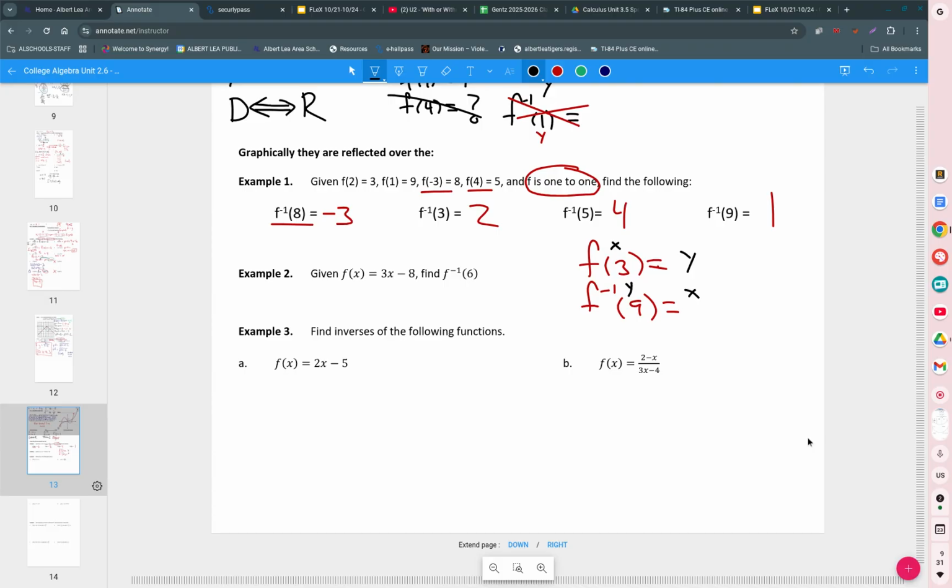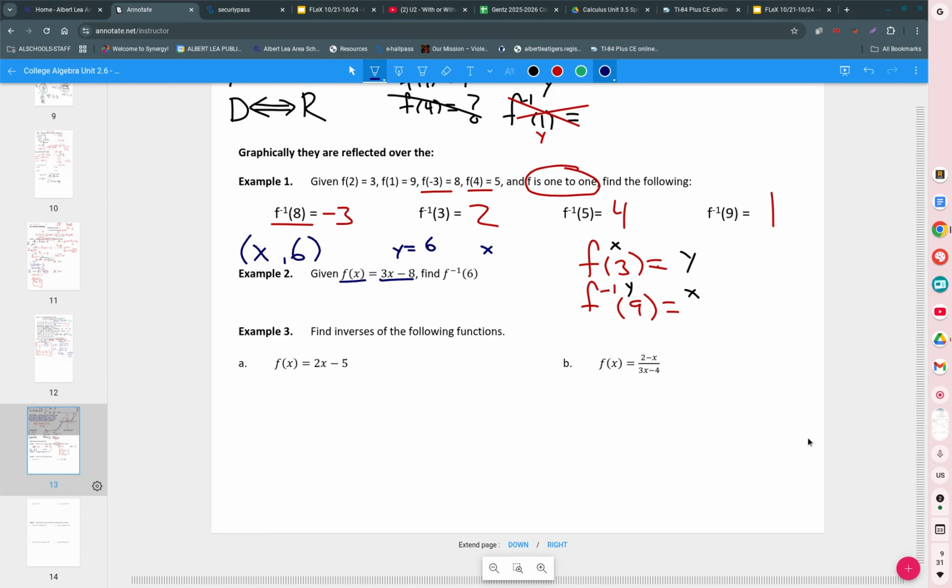Let's look at a little bit different scenario here. It says, given that f of x is equal to 3x minus 8, find f inverse of 6. Interesting here. We don't have these specific values, but the idea is that if there was a y value equal to 6, we want to find the x value, okay? So we know that the y value is 6, we want to find that x value.